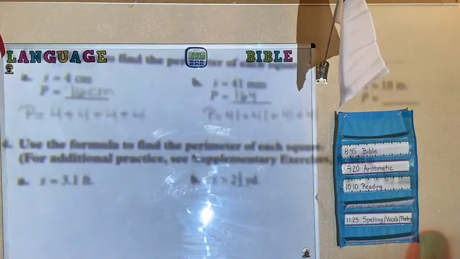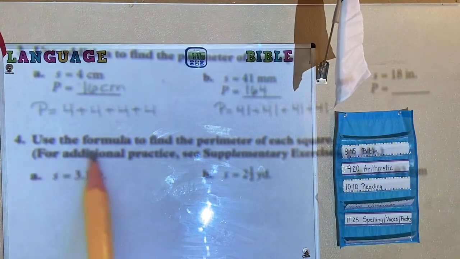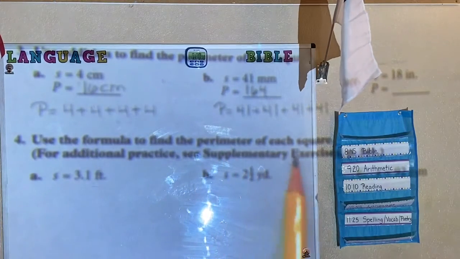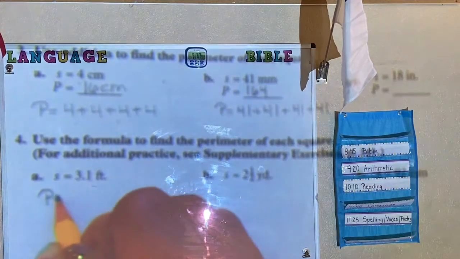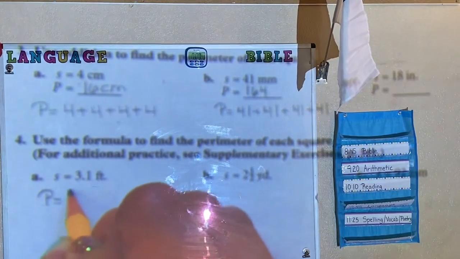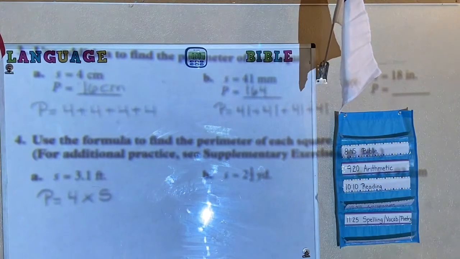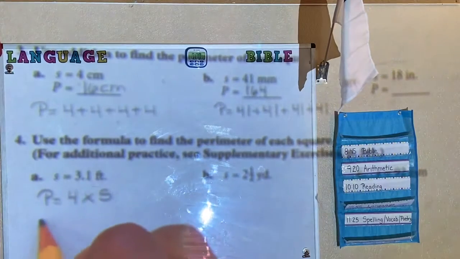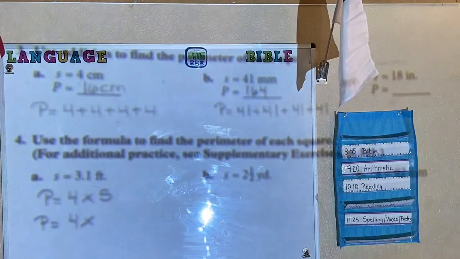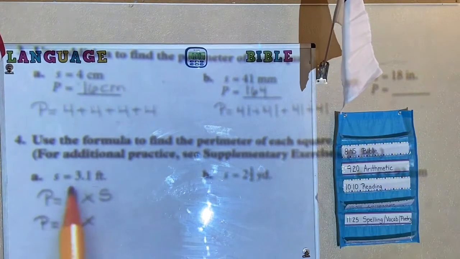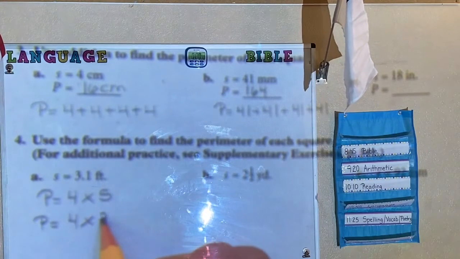The last one we are going to do is number 4. It says use the formula to find the perimeter of each square. We have to remember the formula is P equals 4 times S. The side is 3.1, so 4 times 3.1.